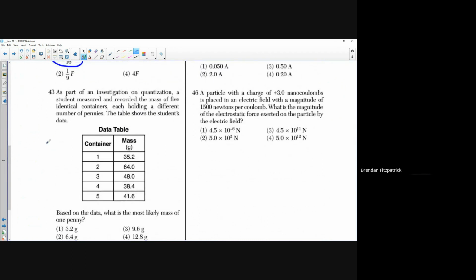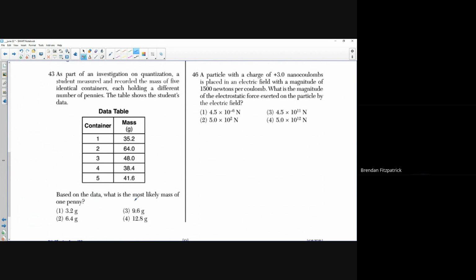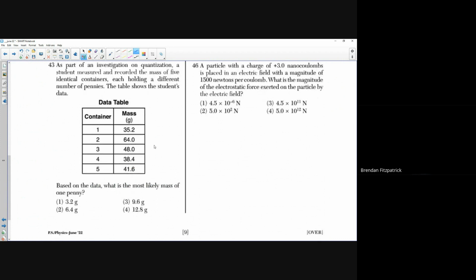43, as part of an investigation on quantization, a student measured and recorded the mass of 5 identical containers, each holding a different number of pennies. The data is shown. Based on the data, what's most likely the mass of a penny? Well, we need to look for the smallest difference here.